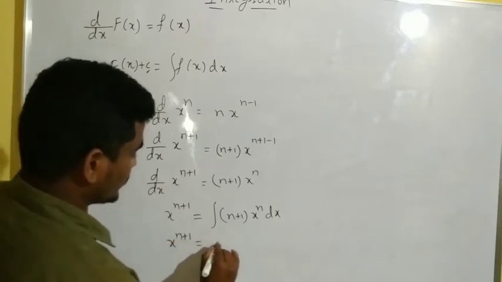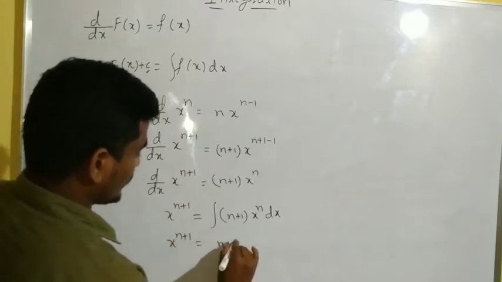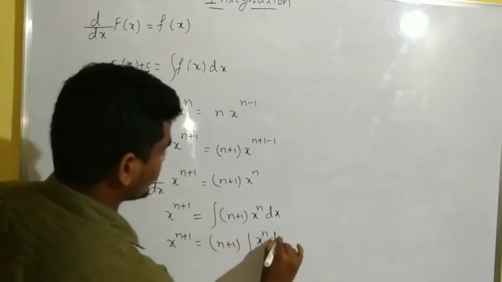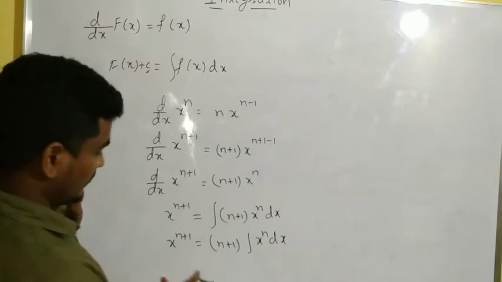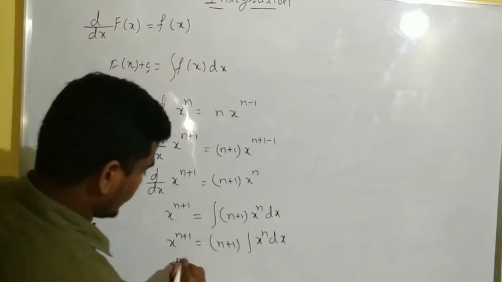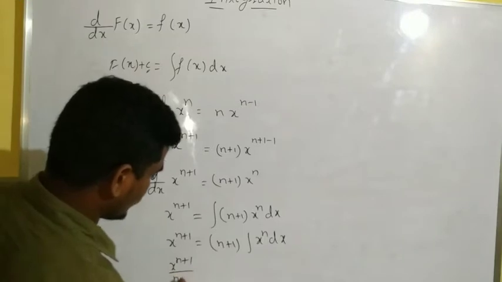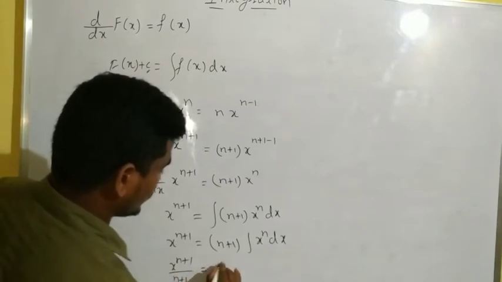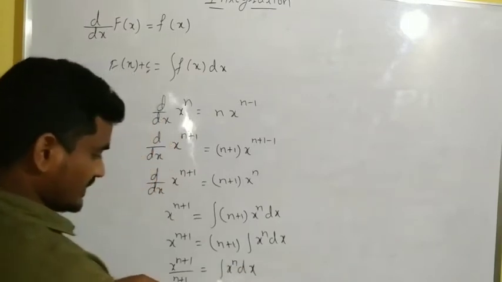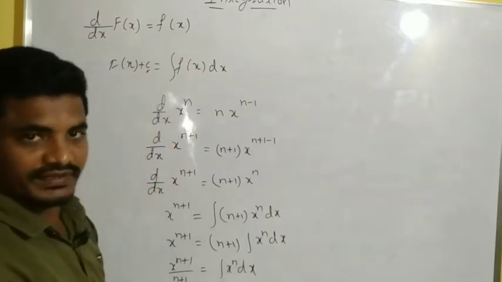When I send n plus 1 to the left side, x to the power of n plus 1 by n plus 1 equals integration of x to the power of n dx. This is the value of integration of x to the power of n dx.